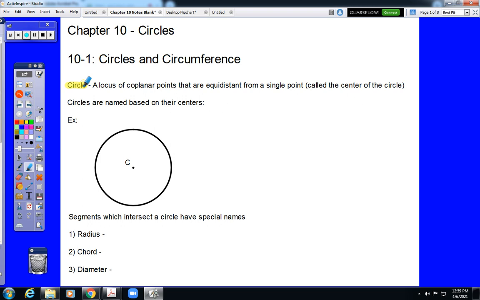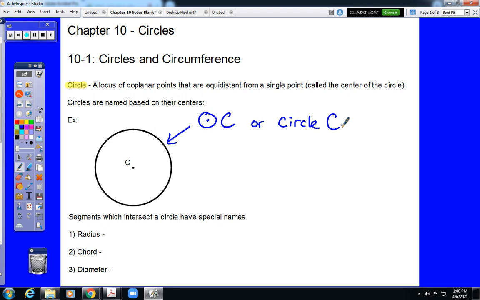When we name a circle, we always name the circle based on the center. So here in this picture, the center of the circle is point C. So this circle is named Circle C. Okay, that is Circle C. But you could just write out the word circle as well. Doesn't matter. Either or is fine.